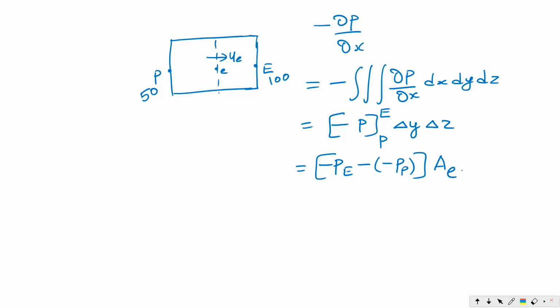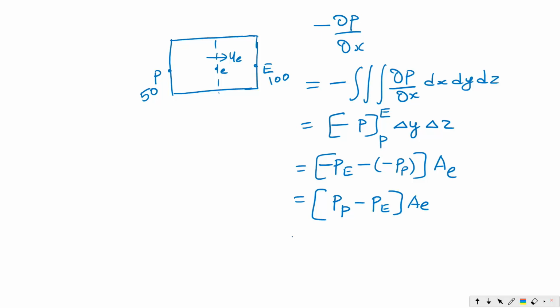The control volume is the U control volume, so I can keep it as AE. If you are not happy with AE, you can read it as A itself. Nothing wrong in that. So now it becomes (PP minus PE) times AE.